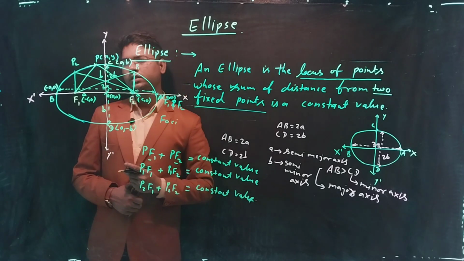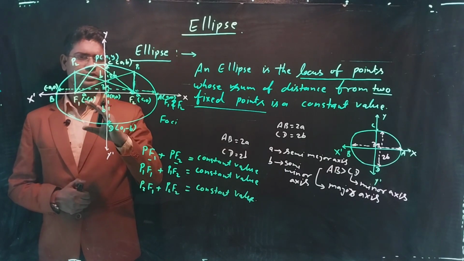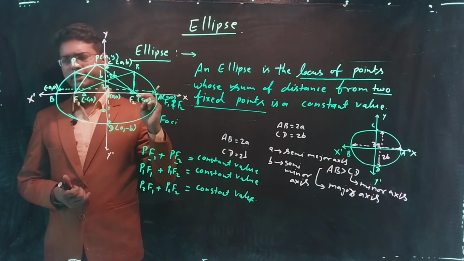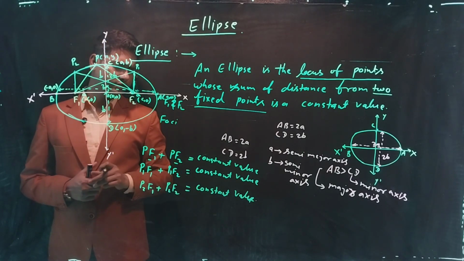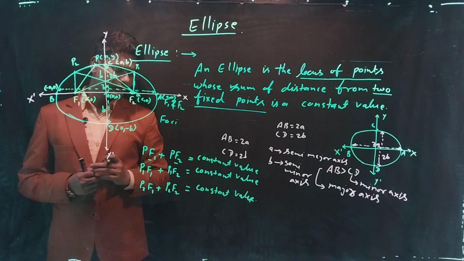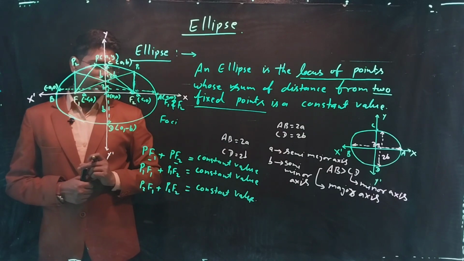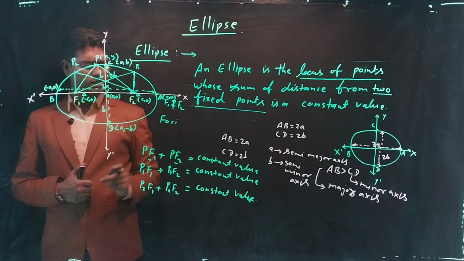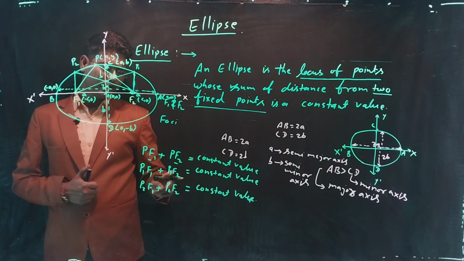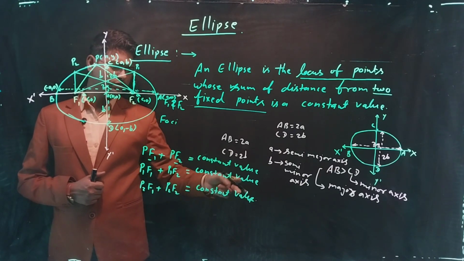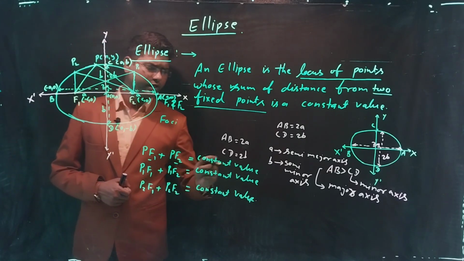It means that if we take any point on this ellipse and connect that point to F1 and F2, and add both distances, we get a constant value. Each of these sums is a constant value, but there is a fixed value of this constant.